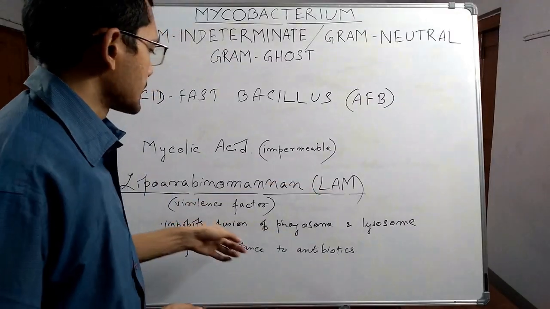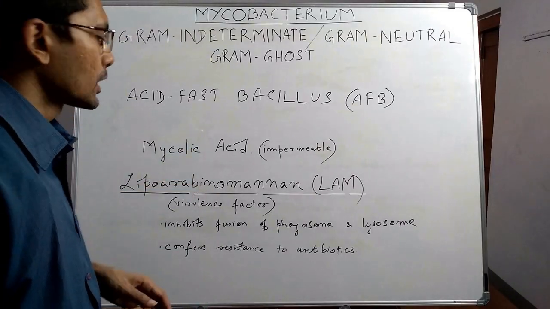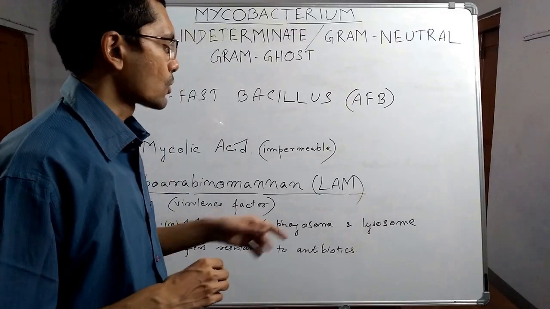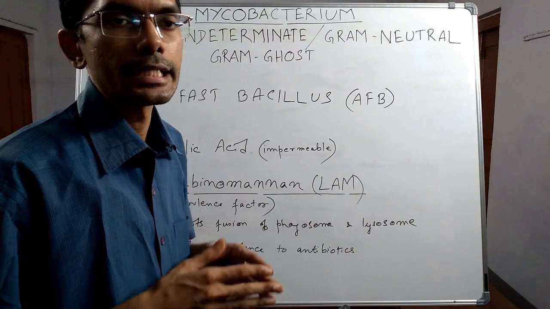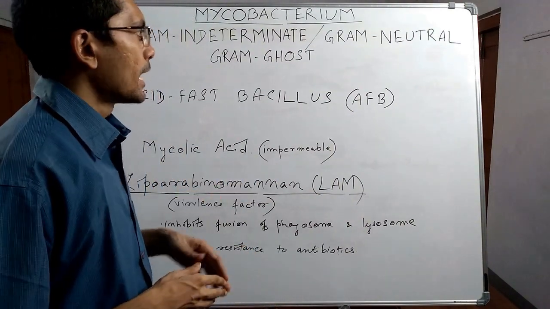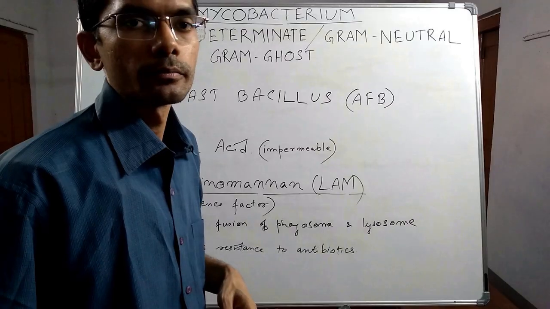LAM also confers resistance to antibiotics because, as with mycolic acid, lipoarabinomannan also forms a thick coat around the cell wall which the drugs or antibiotics are not able to diffuse through or penetrate to get inside the cell. This way, LAM acts as a virulence factor and confers the bacterium immunity to the immune system of the host.